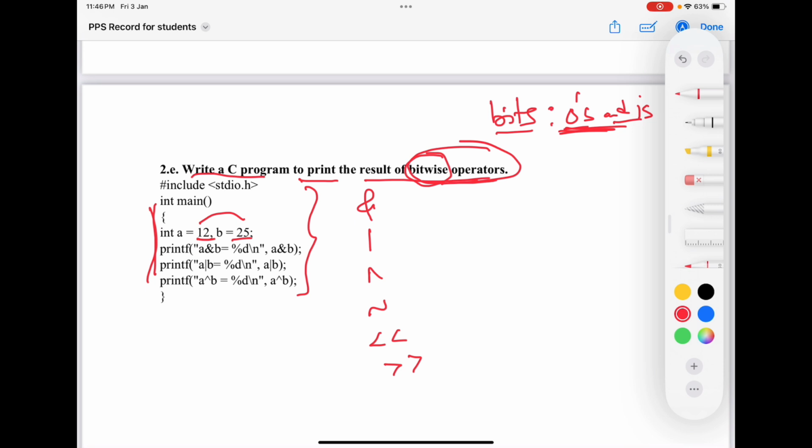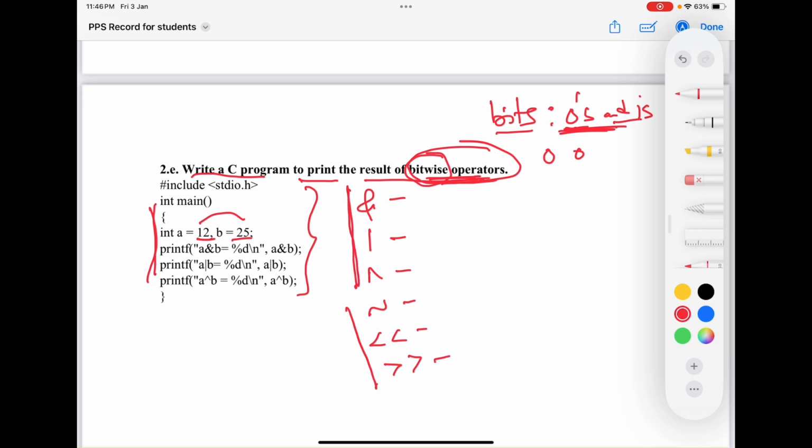Before we see the input 12 and 25, let's understand the output of these operators. When you are working with bitwise AND, it operates in between operands. The operands are zeros and ones. Up to here it performs with two operands, and up to here with a single operand.